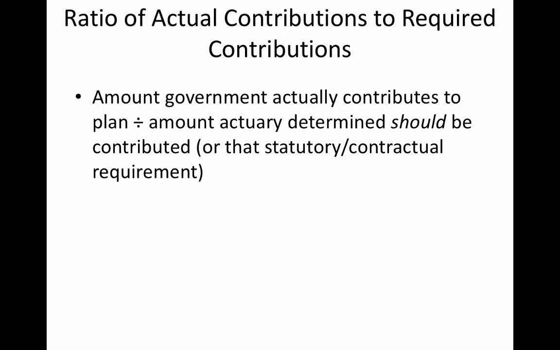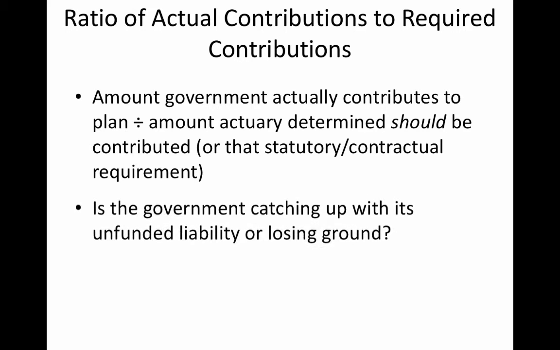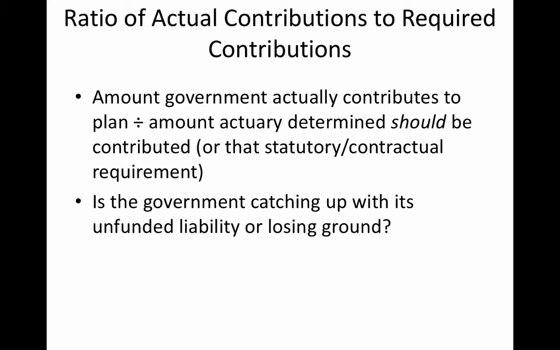And then the other ratio using covered payroll is looking at the actual contributions divided by the required contributions. Especially if you're looking at actuarially determined employer contributions, if those are calculated honestly, and by that I mean with reasonable methods and assumptions, really designed to get them close to or at full funding over the long run if they contribute that amount, then looking at this ratio and seeing if they are in fact contributing that amount every year is really valuable.